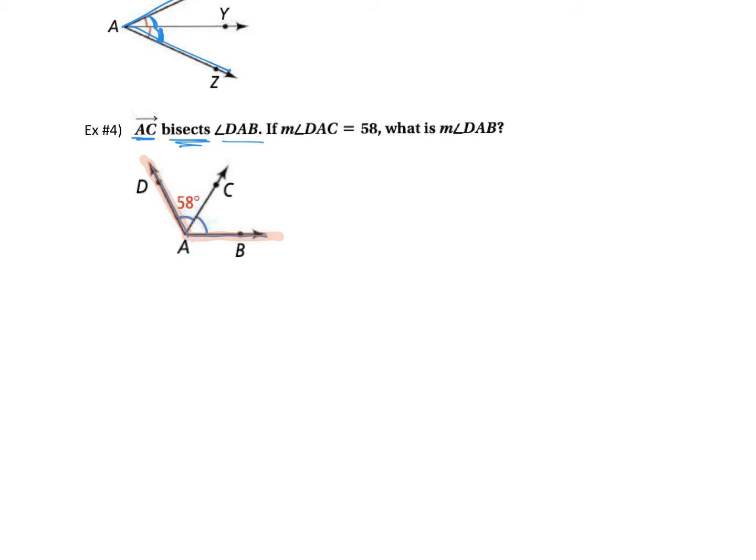What's that going to be? 116 again. It's a popular number right now. You have 58 here, which means you also have 58 here. So you're just doing 58 plus 58 is 116 degrees for the measure of angle DAB.